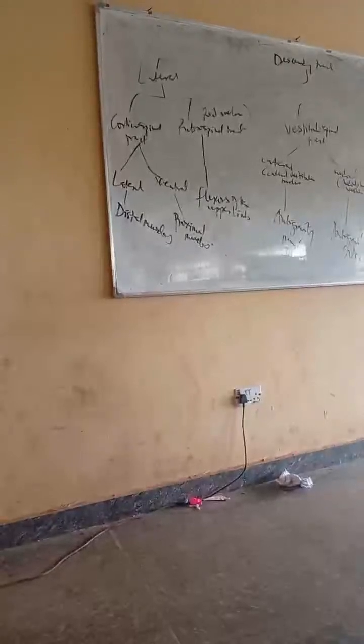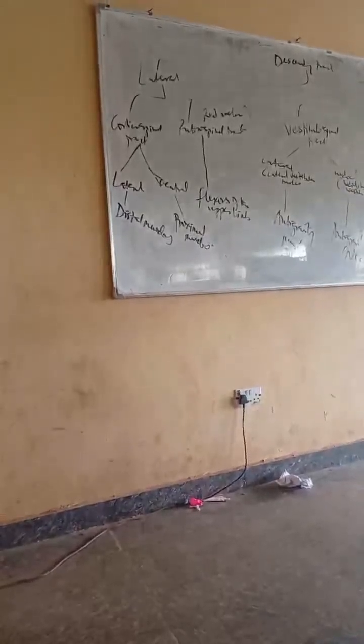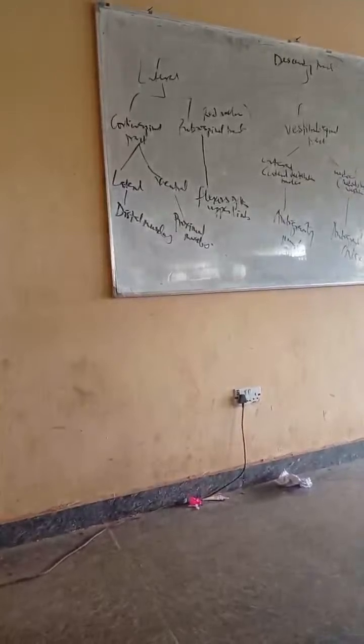Are you there? Then the optic tract: if you go to the optic chiasma and cross, you go to the lateral geniculate body via the optic tract. Do you understand? From the lateral geniculate body, it will form the optic radiation and go to the calcarine sulcus. But before then, the lateral geniculate body will give out fibers that go to the superior colliculus.